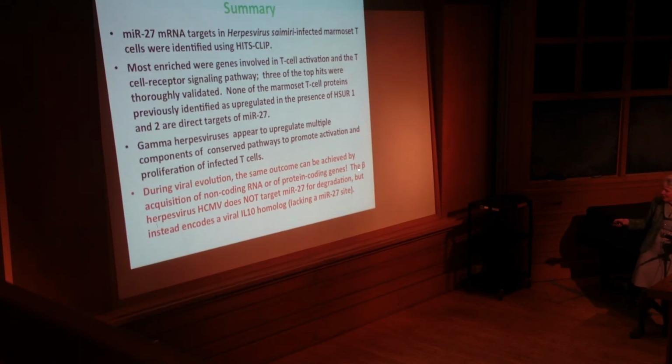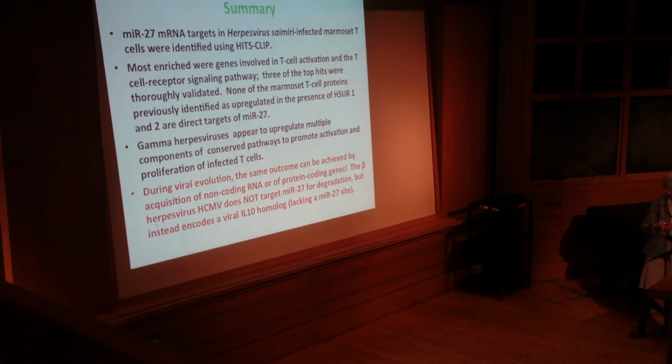And one conundrum in the literature that was solved: I told you before that mouse CMV lowers the amount of miR-27. It was very surprising when people looked at human CMV a couple of years ago and found that it doesn't do that.